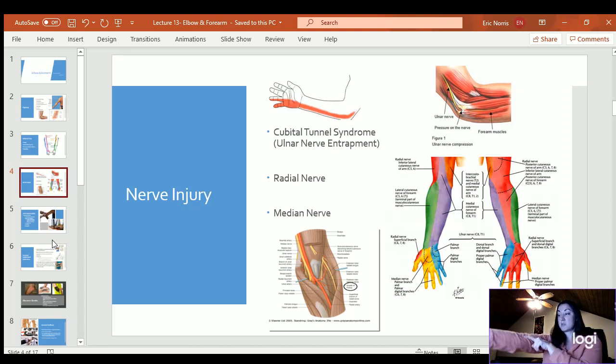Then the median is more in the front, the middle of the arm. The radial is the one that crosses in the front and goes on the more lateral aspect of the arm. So the ulnar goes on the most medial portion, and goes through the cubital tunnel. The median goes down the middle, and then the radial, although they all come under the arm, crosses over more on the back side of the arm, the more lateral aspect.